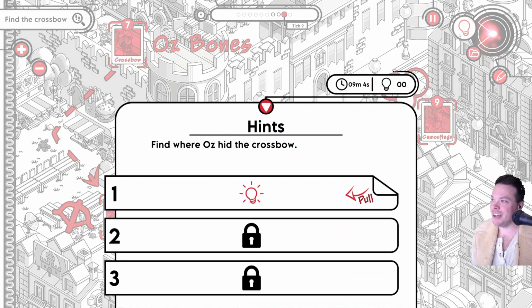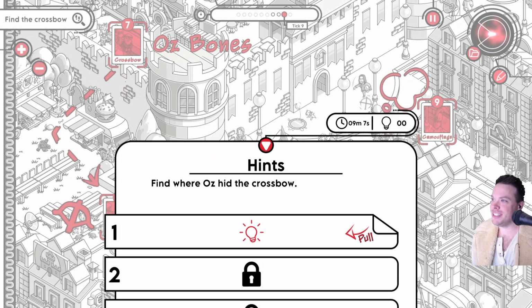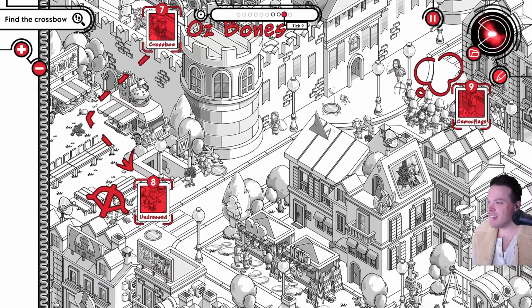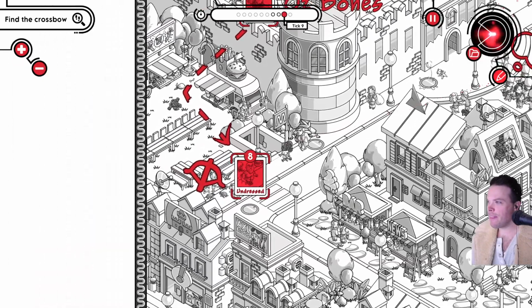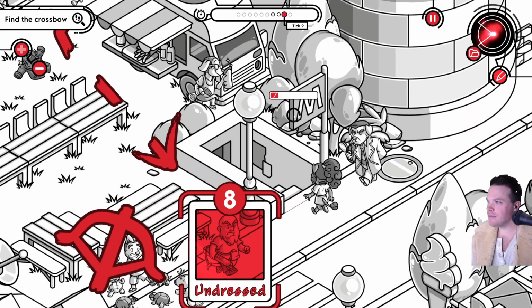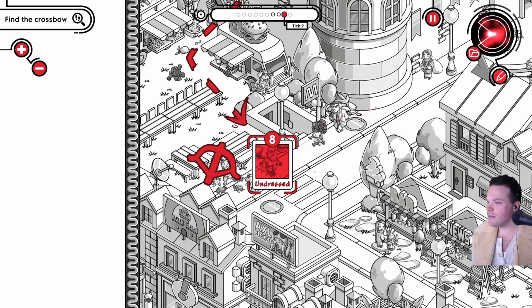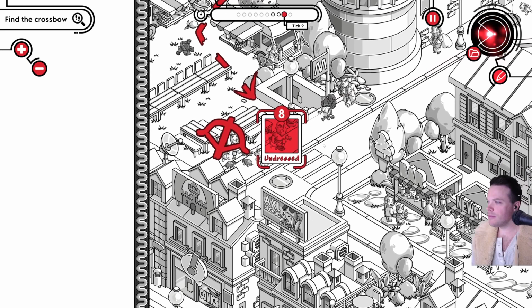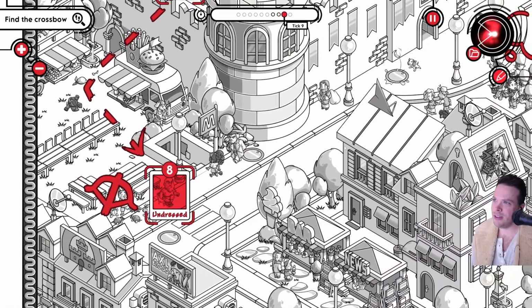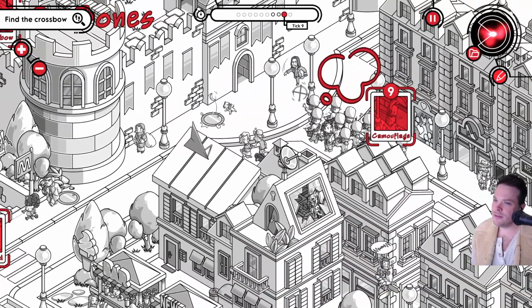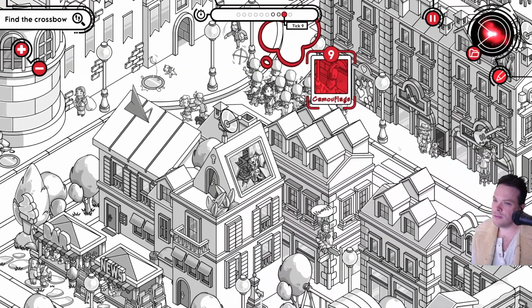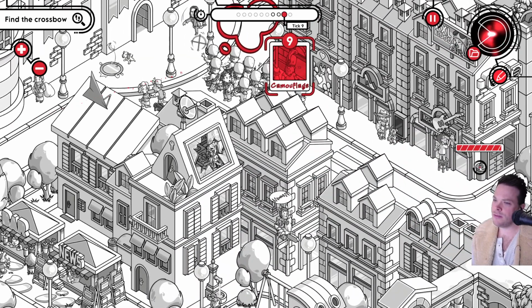The little hint light is trying to tempt me. That one? Is there a bin? I don't see a street side bin that he could have placed it in. There's a bin.